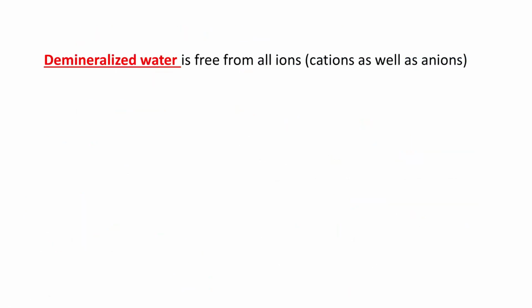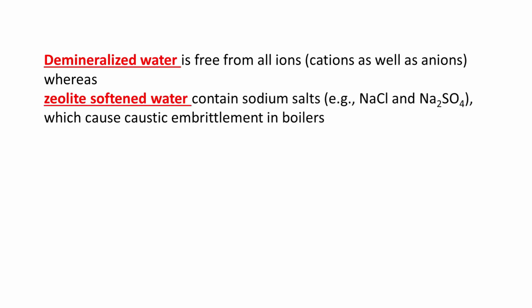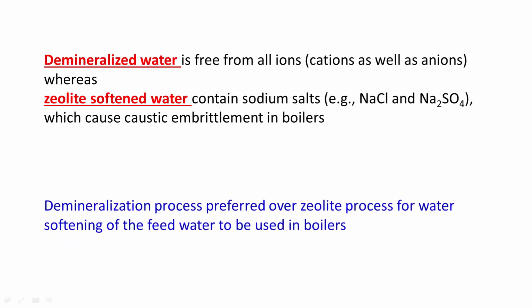Demineralized water is free from all ions, cations as well as anions, whereas zeolite softened water contains sodium ions, which cause caustic embrittlement in boilers. Hence, the demineralization process is preferred over the zeolite process for water softening of feed water to be used in boilers. Advantages of ion exchange process: it is used to soften highly acidic or alkaline waters.